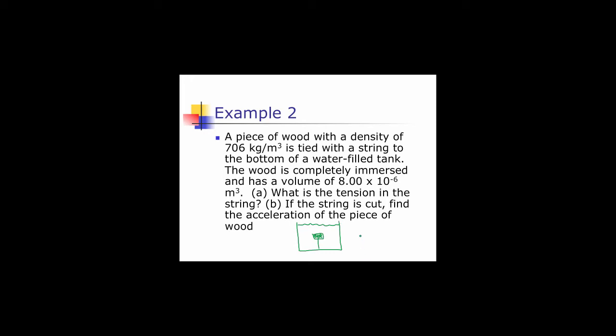Well, in this case, I have two forces acting downward. I have the weight of the object, and obviously if the weight was enough to keep it down, it wouldn't float upward when we cut the string, so the tension of the string must also be down, and the buoyant force is upward.